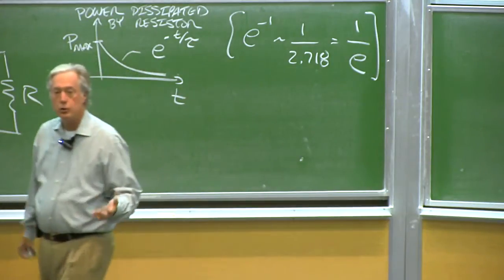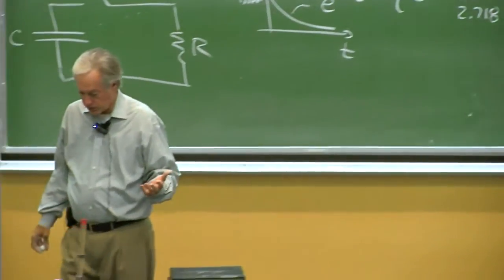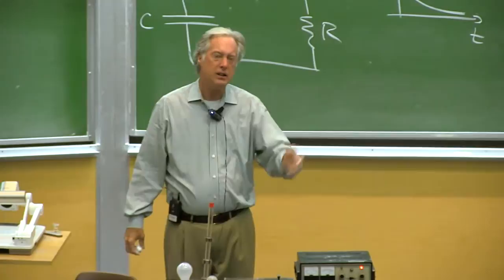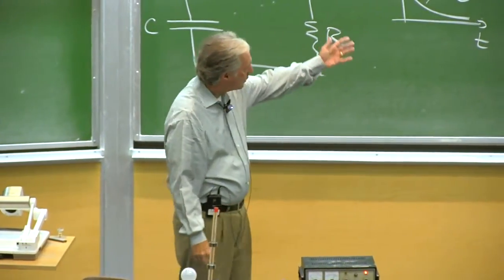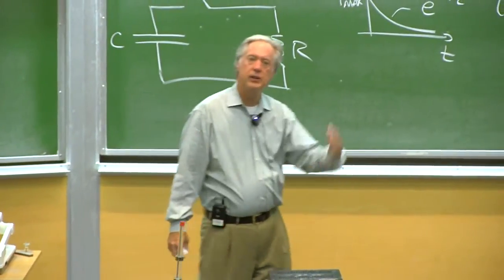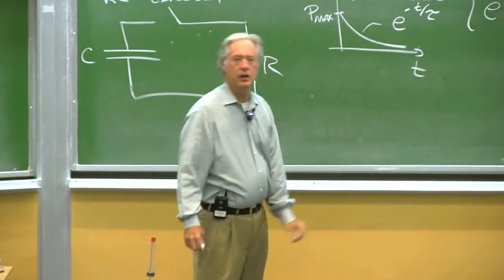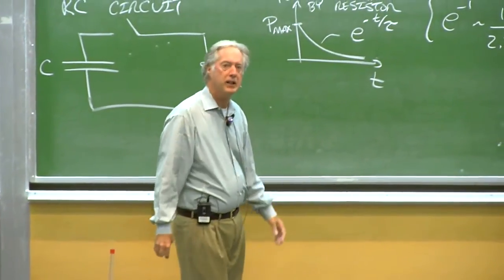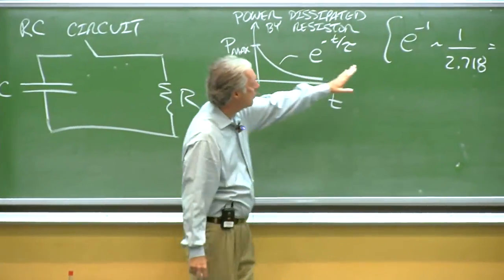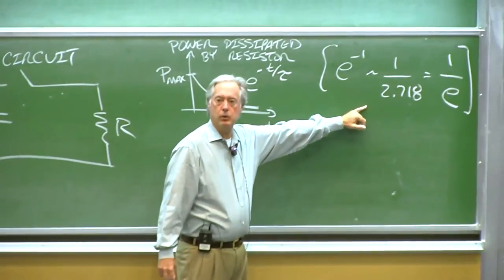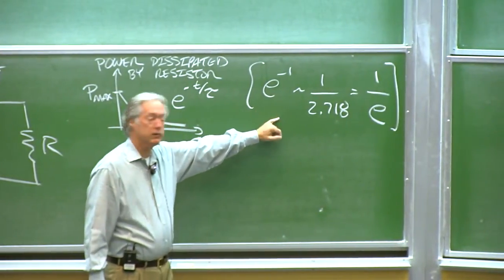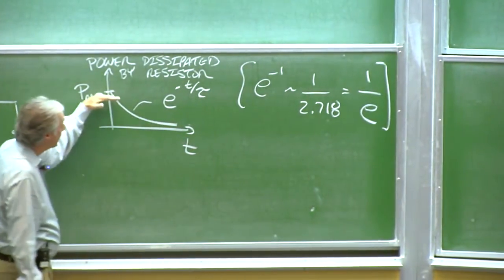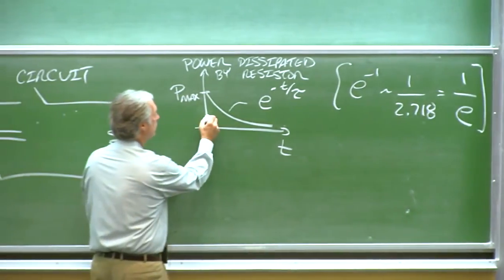Okay, so 2.7 for e is a little bit less than 3, isn't it? So 1 over 2.7 is a little bit away from 1/3, but not a lot. So if it's going to 1/3 of its value, 1 over e, an e-folding is what we call this. If it's gone an e-folding value, 1/3 approximately is about here.